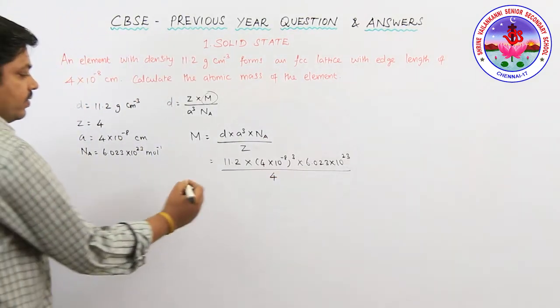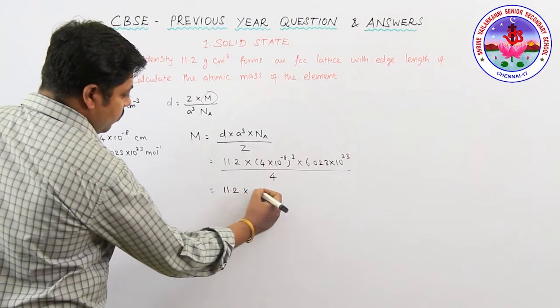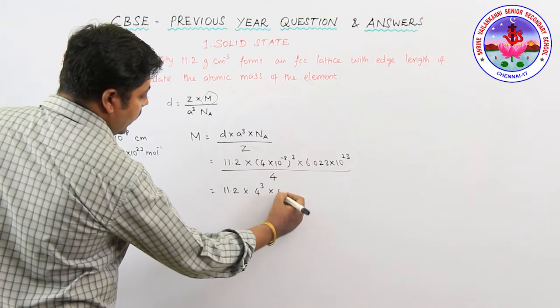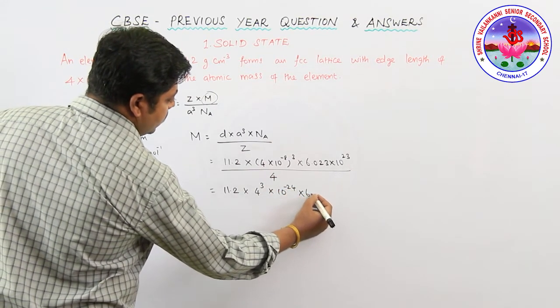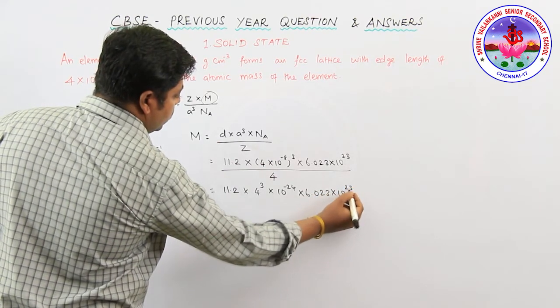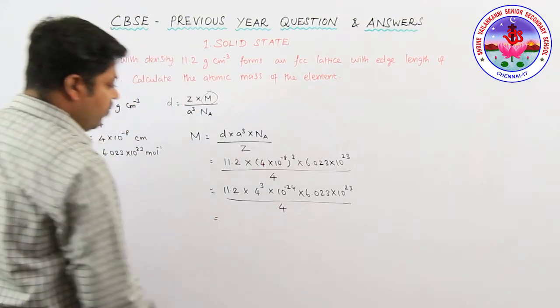Now simplify this, you will get 11.2 into 4 power 3 into 10 power minus 24 into 6.023 into 10 power 23 divided by 4. Simplify this.